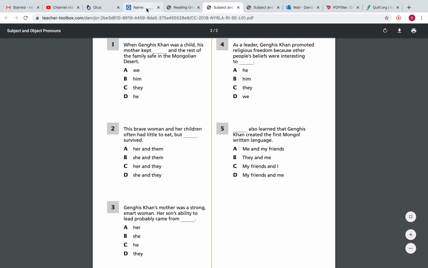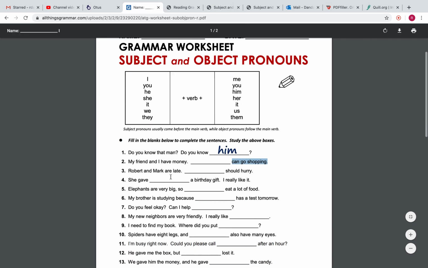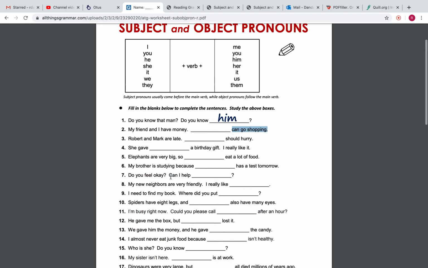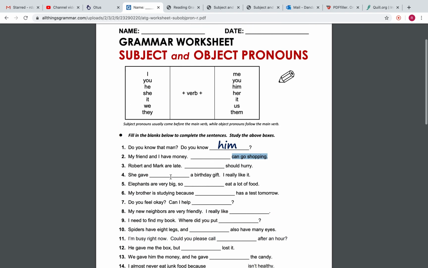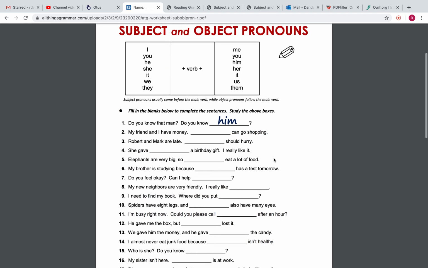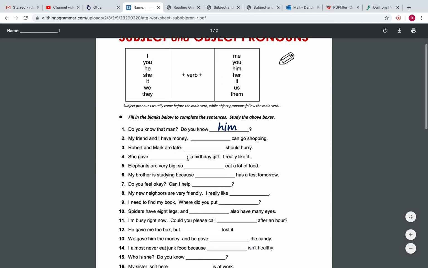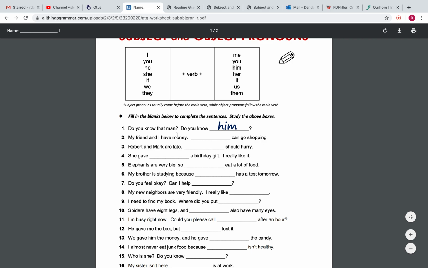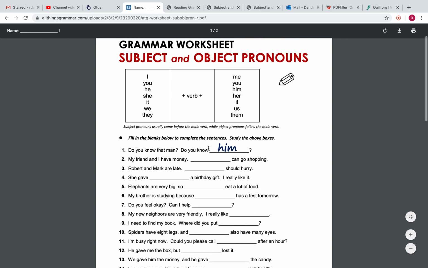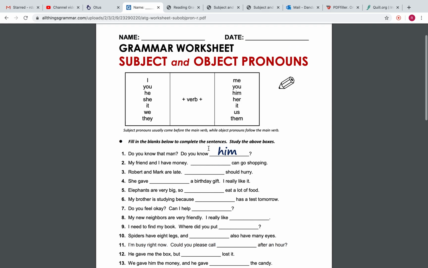Your homework is going to be this sheet, which is due Monday, April 13th. It's practicing the same type of skill of subject and object pronouns. It's a similar exercise. You are simply filling in the blank with the correct subject or object pronoun, and you can choose from your word bank right here.